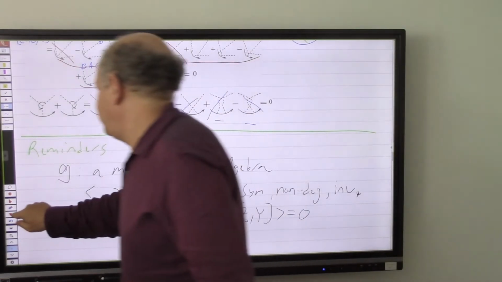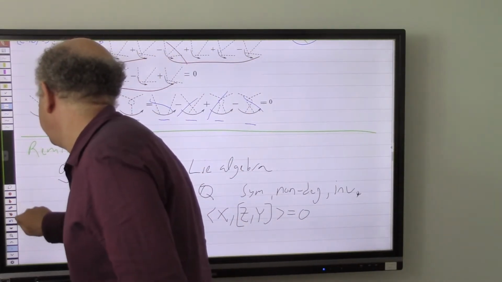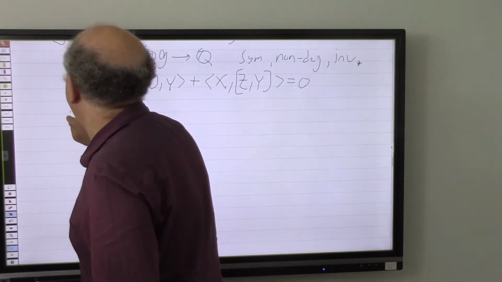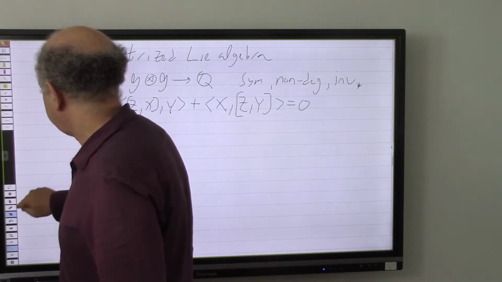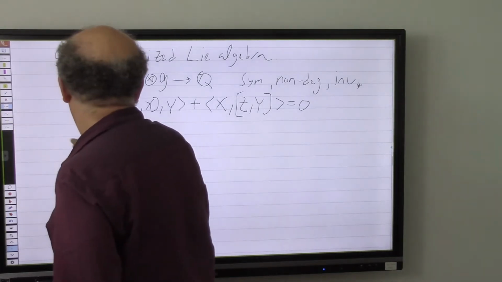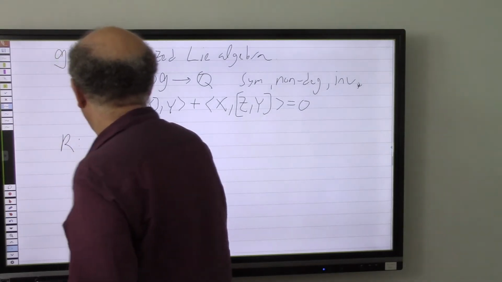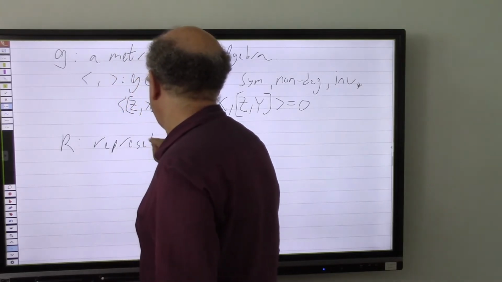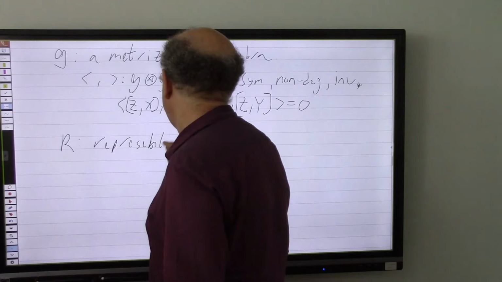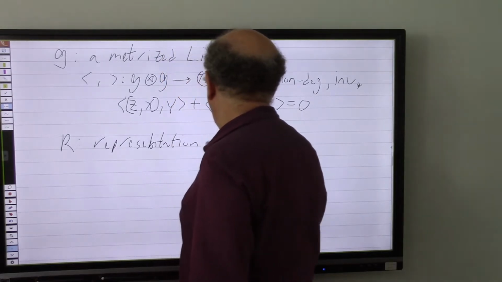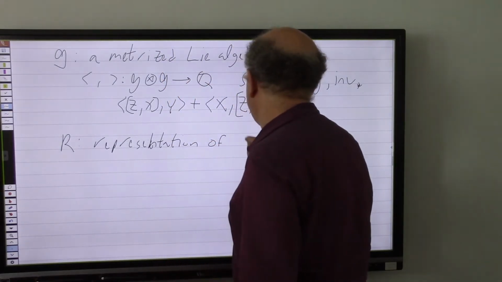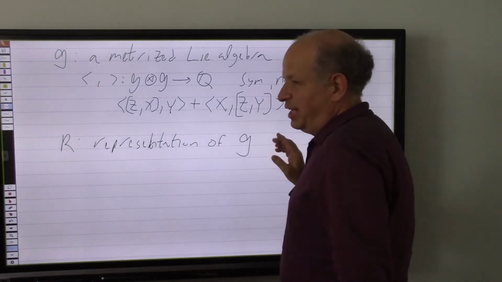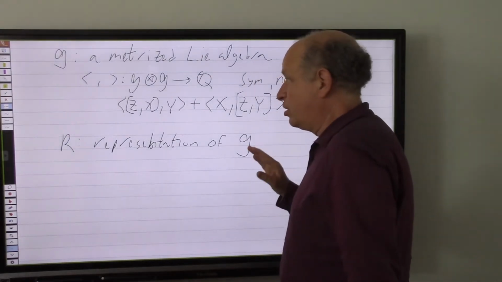Okay? And the second ingredient that I need is a representation. So I need R, which is a representation of G, and let me say it in very few words.